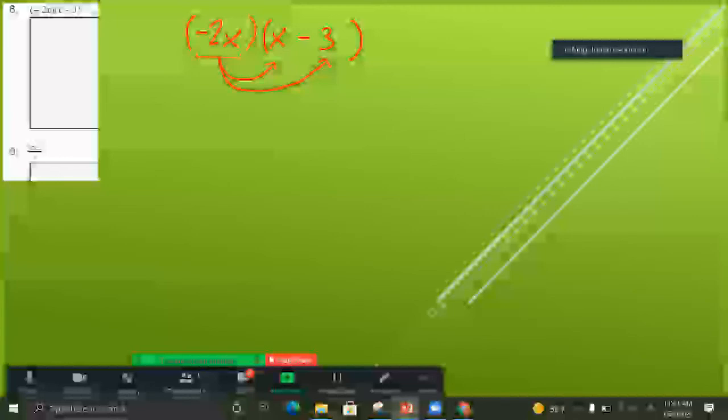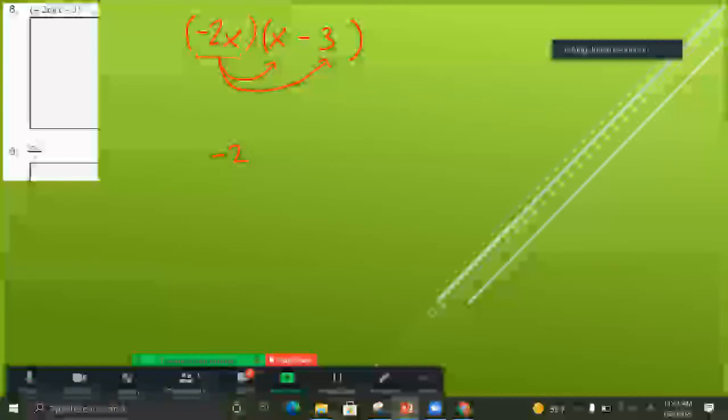So negative 2x times x. When we are multiplying together two different variables like this, x times x, you would multiply the coefficients, the negative 2, and since the other one doesn't have a coefficient, it's just 1, right? So negative 2 times 1, well, that's just negative 2.